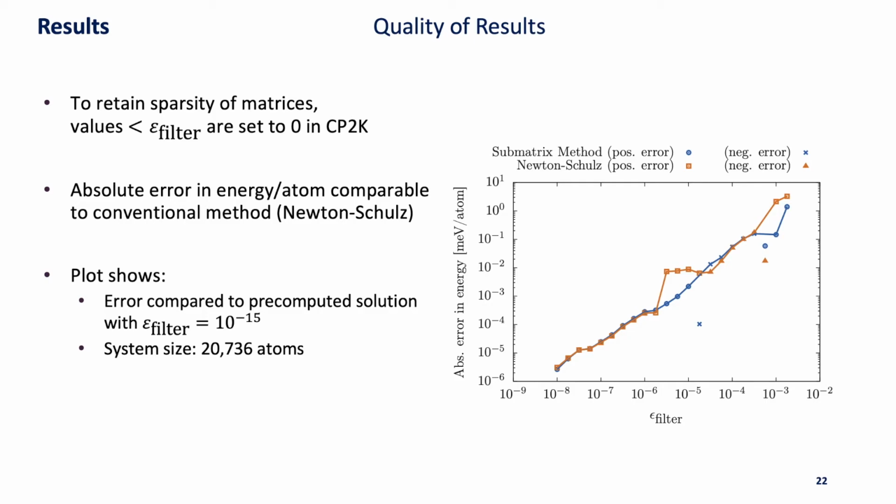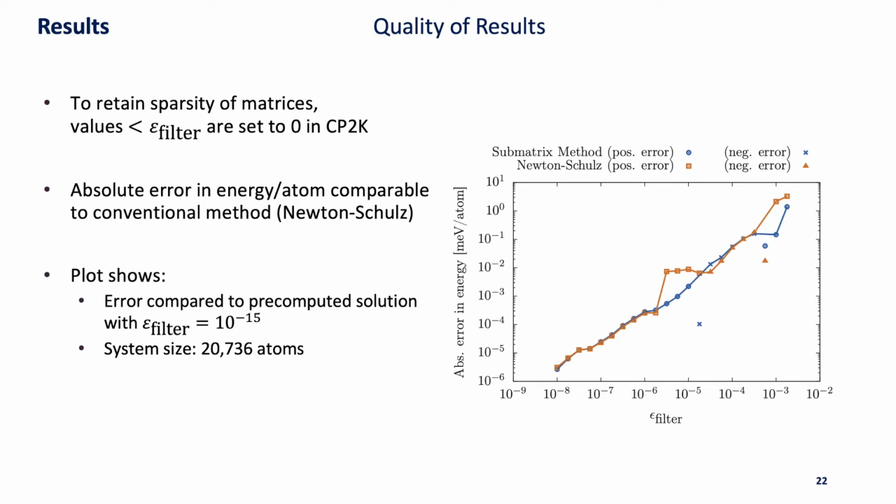So first of all, I want to share the quality of results, because the Submatrix method is, of course, an additional approximation. And one important parameter here in CP2K is the epsilon filter argument, which keeps the matrices sparse by basically setting all the values that are below this epsilon filter to 0.